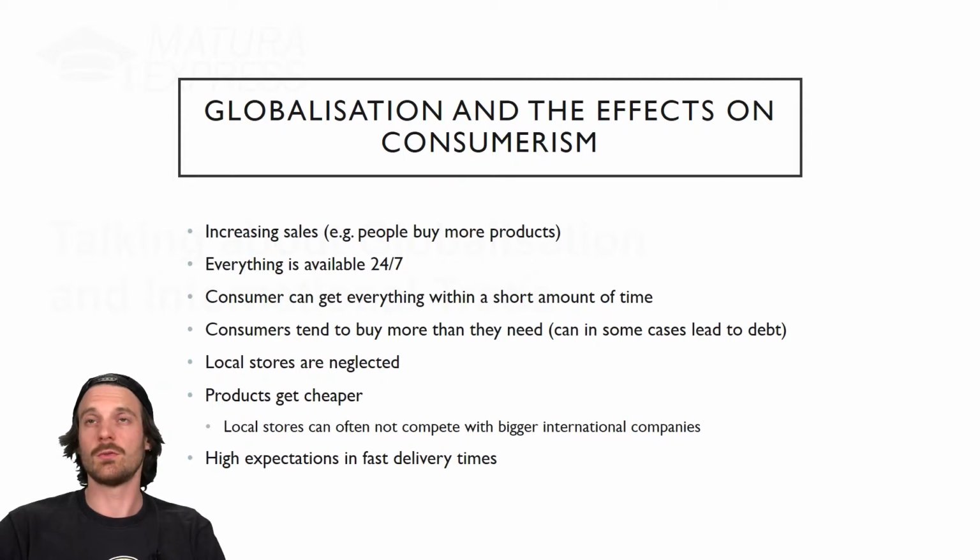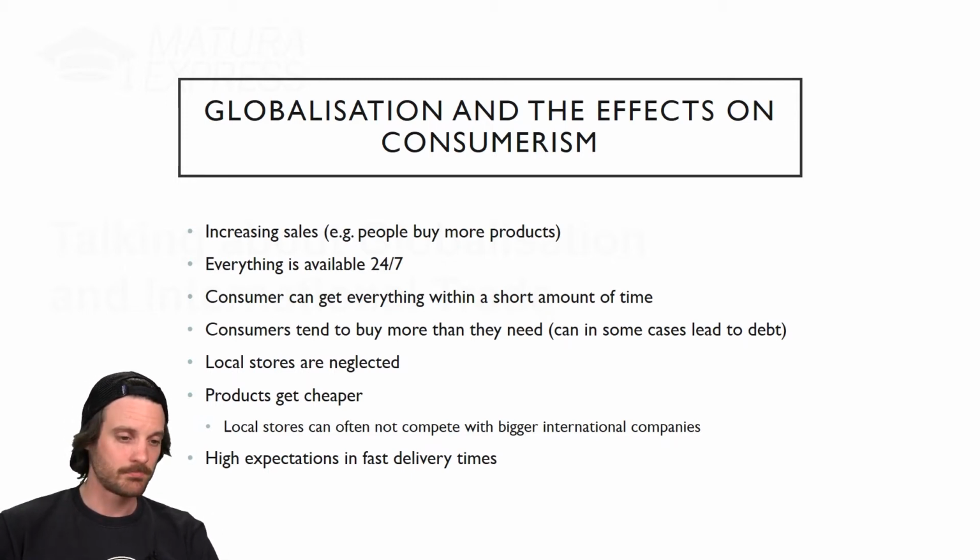For those of you who don't know it, consumerism is Konsumverhalten. So the whole attitude changes. You get used to getting everything 24/7 and really fast. And then consumers tend to buy more than they need, which can lead, in some cases, to debt.